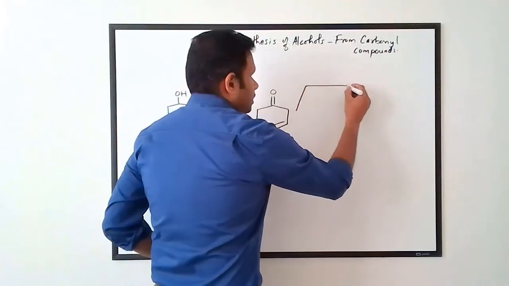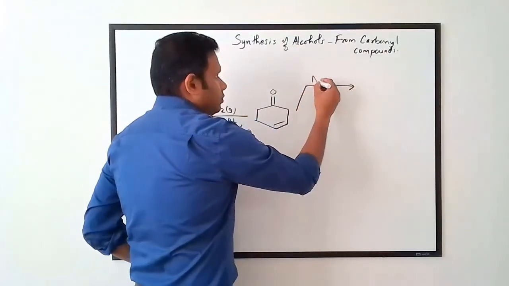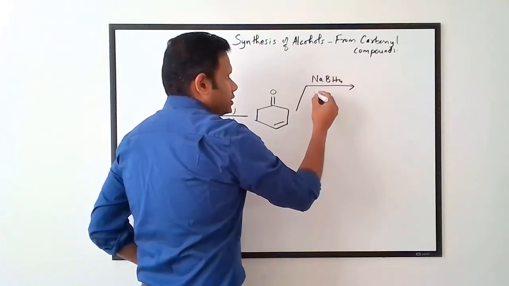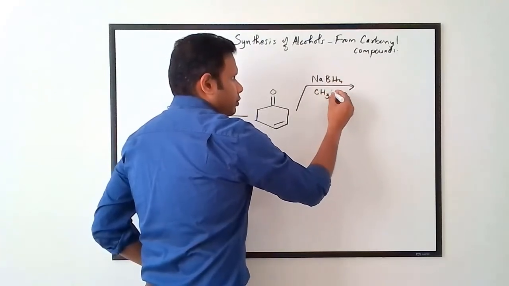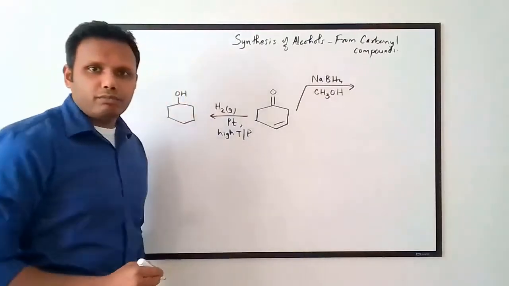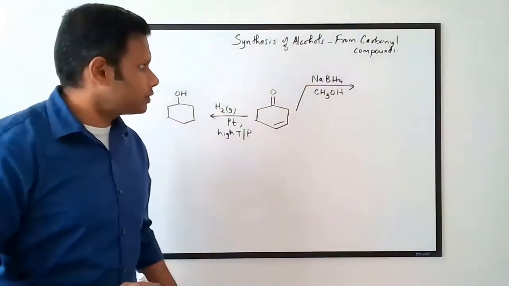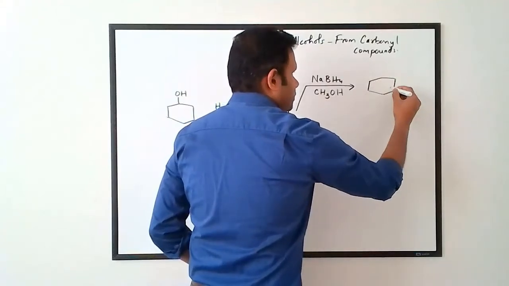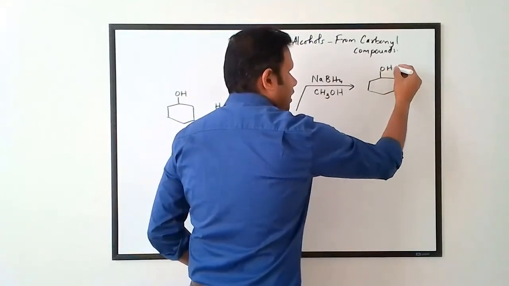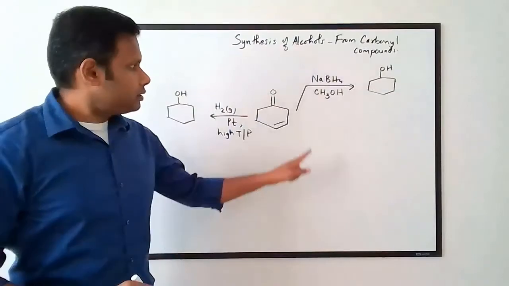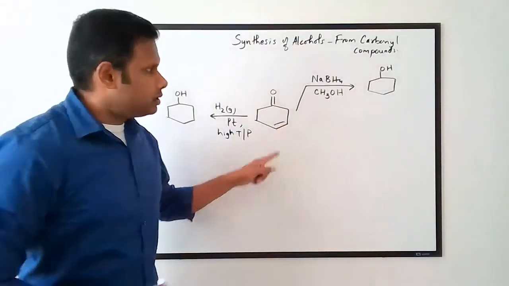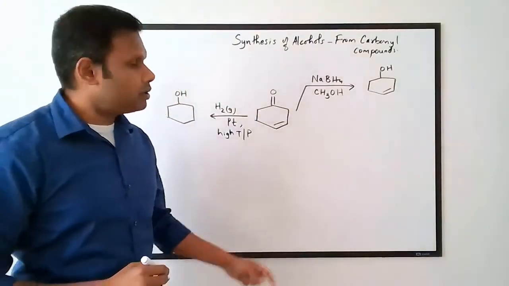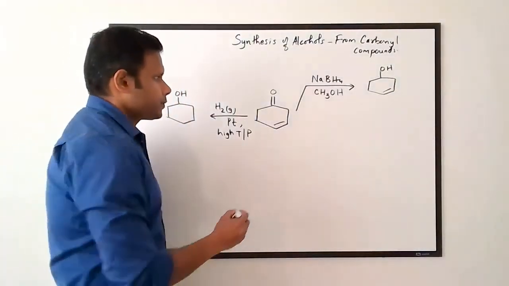Now, if we use sodium borohydride with a polar protic solvent like methanol, an alcohol as a solvent, our product is going to be the alcohol, but the unsaturation, the double bond, is going to stay. That will not be gone. That is still going to be there.